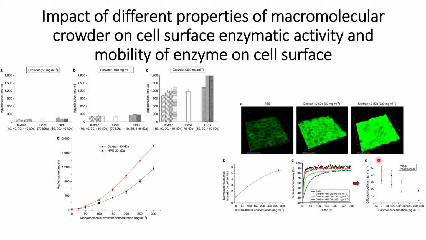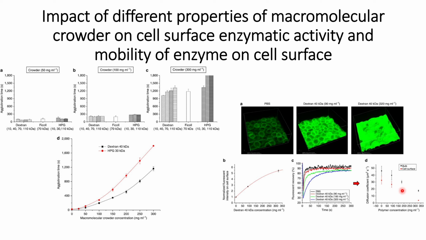And these things are quantified in panel D, where we can see that they did their experiment for the bulk surface and the cell surface. They are able to see a diffusion coefficient of around 32 for the cell surface and 45 for the bulk surface.